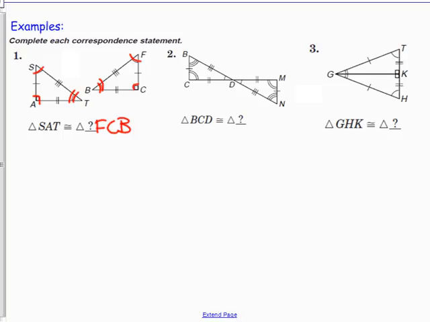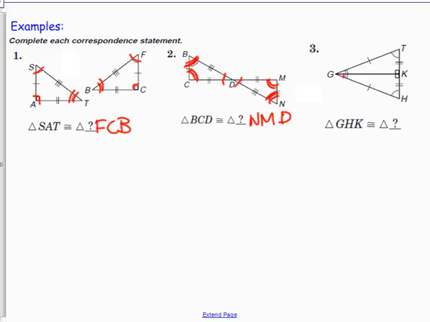Look at the next one, BCD. They started with 3, 2, 1. So on the other triangle, I'm going to have to go 3, 2, 1. So this is 3, that's N, 2 is M, 1 is D. Again, GHK.